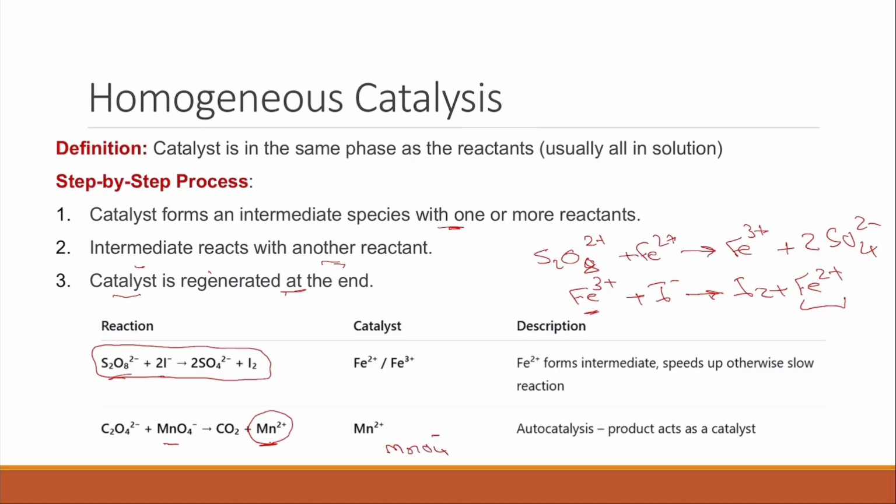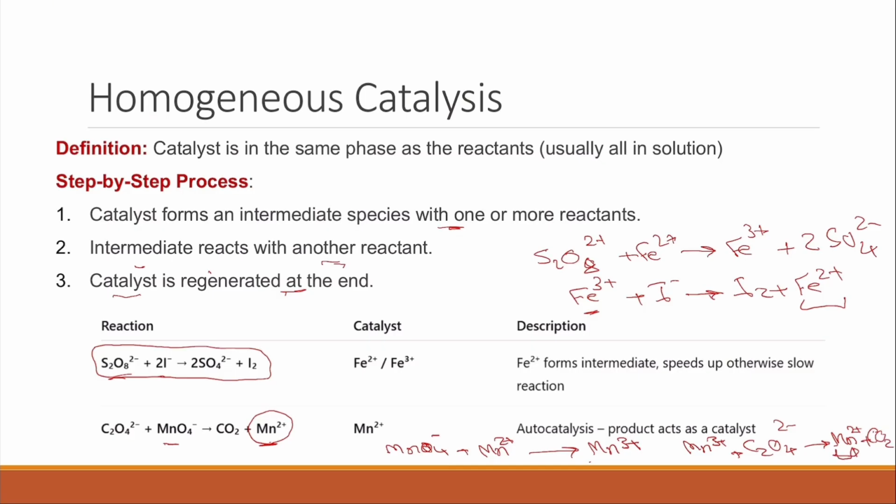I'm not going to balance it now. MnO4 reacting with the manganese(II) will give manganese(III). This is an intermediate, and the manganese(III) now reacts with the C2O4 2- to give manganese(II) and also carbon dioxide.